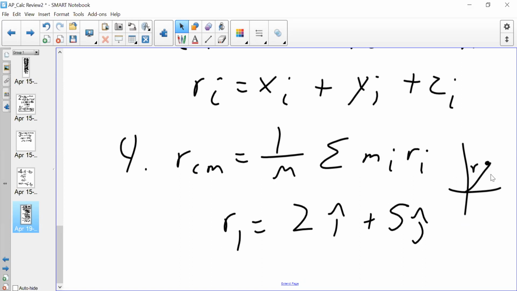So you have some r that has the coordinate 2 and 5, right? That would be 5, that would be 2, and the radial vector would be the linear combination of x and y. And so this will be what you put in there.